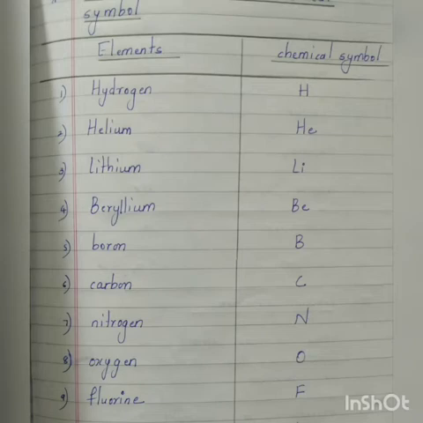Boron, capital B. Carbon, capital C. Nitrogen, capital N. Oxygen, capital O. Fluorine, capital F. And neon, capital N, small e. So this is about elements and their chemical symbols.